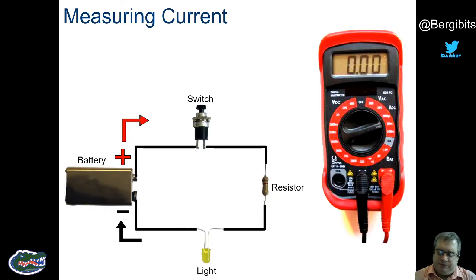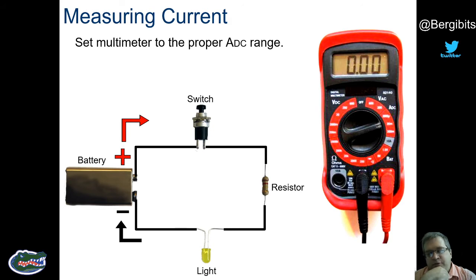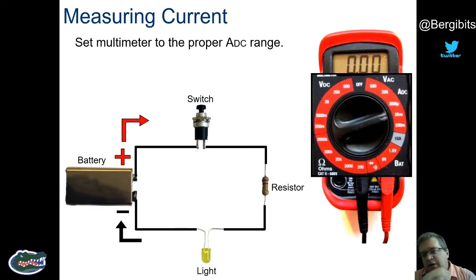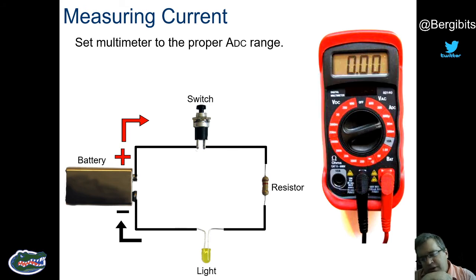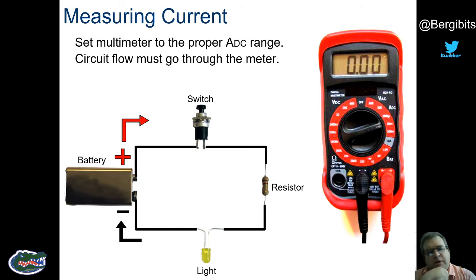Measuring current. All right, so measuring current, you have to connect the multimeter so that the current is flowing through the multimeter. So first thing you're going to do is find 20 milliamps DC, and it's got to go through the meter, so you're going to disconnect one of the wires.